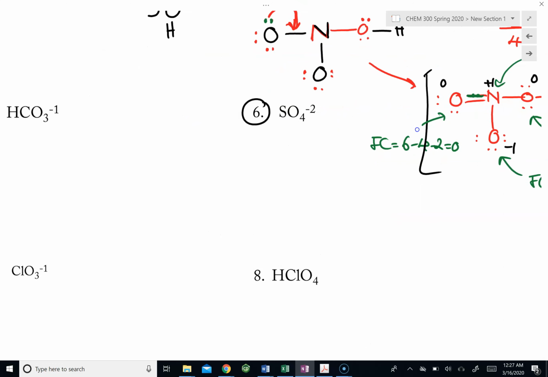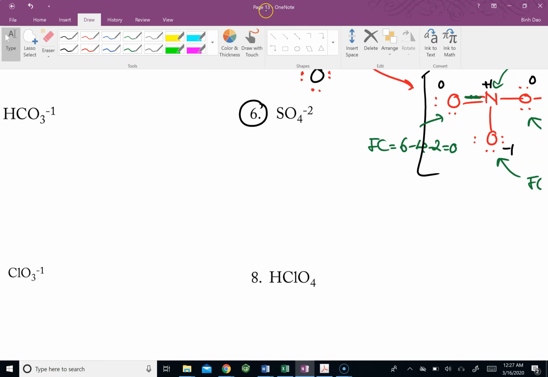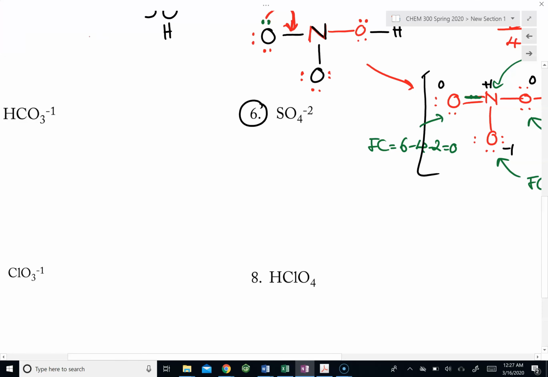So again, the first step is to always calculate the total number of valence electrons. In this case, we have 1 sulfur, and we know sulfur has 6 valence electrons. And we have 4 oxygen. Each oxygen has 6 valence electrons. And in this case right here, what are we supposed to do next?